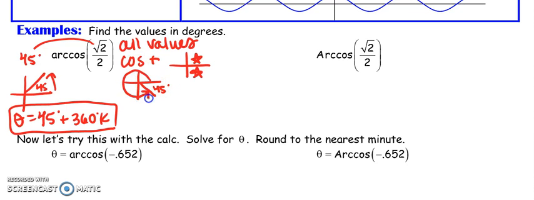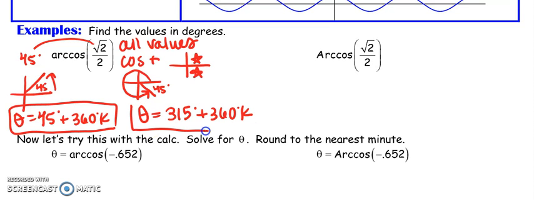And how many degrees is this? Now you can say negative 45 plus 360K if you want to do that, that's fine. I'm just going to go with 315 plus 360 degrees K. You can use negative 45, I don't care. All right, so there's all the values.